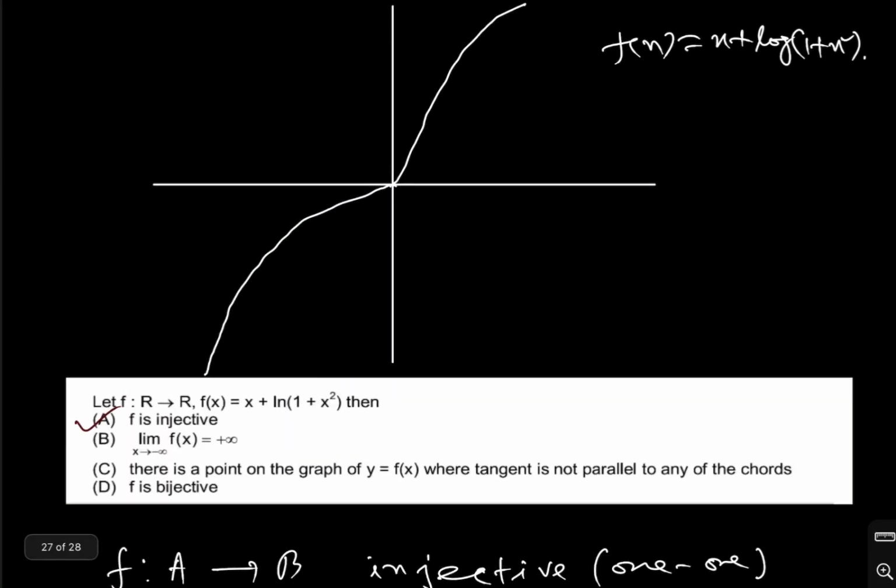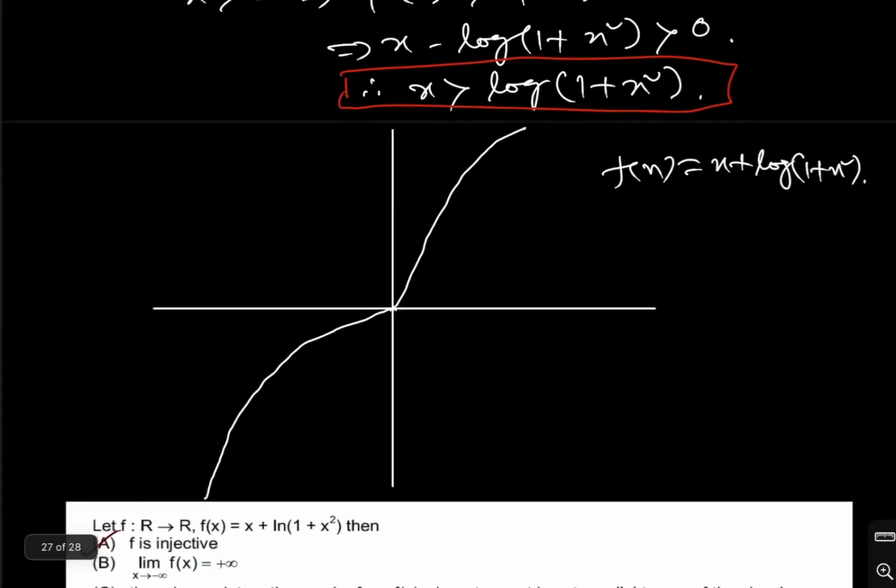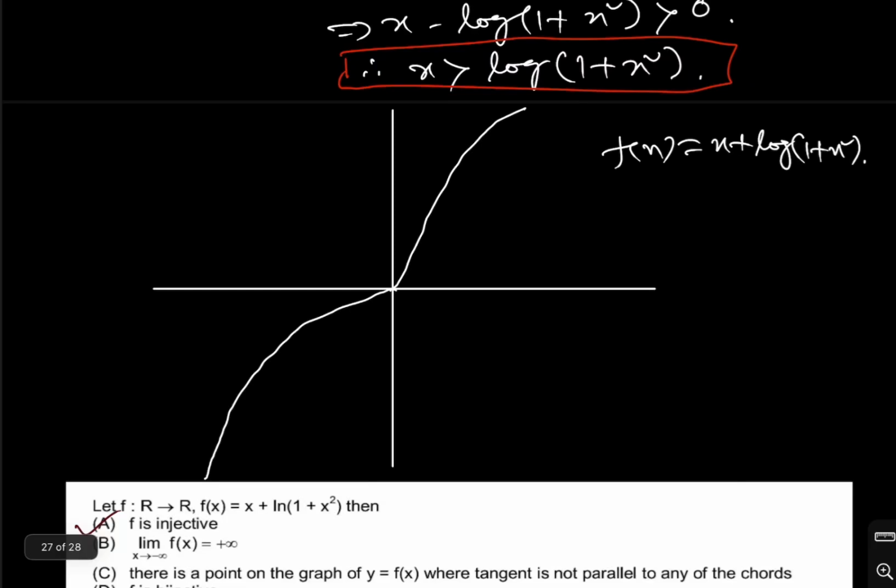Now clearly from this graph you have already derived that as x tends to plus infinity, the function goes to plus infinity, and as x tends to minus infinity, it goes to minus infinity. So option B is also true.